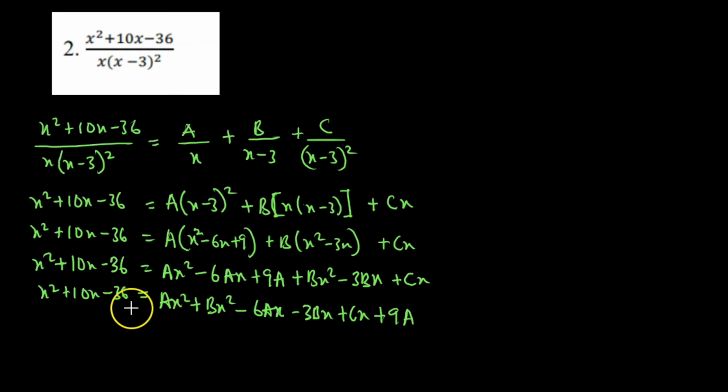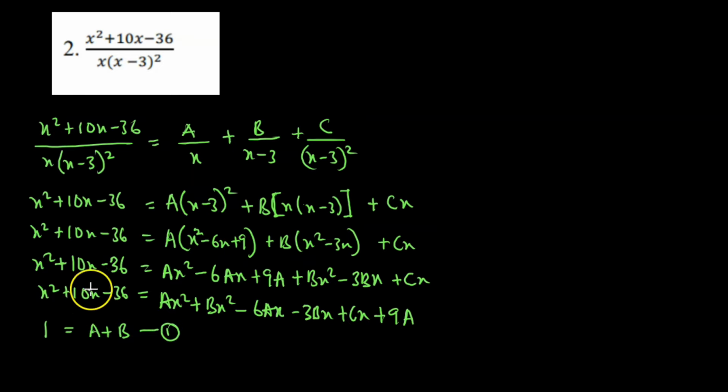So comparing, one equation we can generate is that the coefficient of x squared on the left hand side is 1, and on the right hand side the coefficient of x squared is a plus b, so we can label it as equation 1.